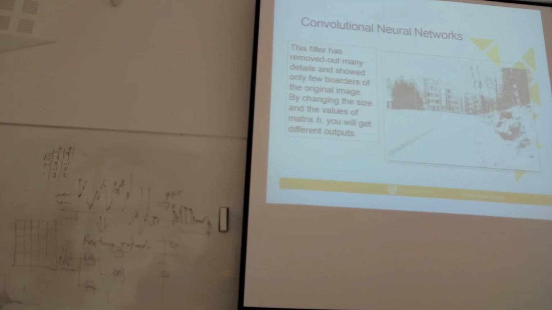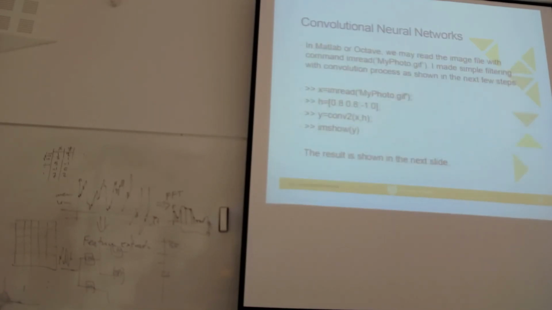If you change these values, for example 0.8, 0.8, and put other values, then you will have a different kind of output image. Every time you change the impulse response, you will have different kinds of features. The idea in deep learning is, what if we put the parameters here, let's say W1, W2, W3, W4, and make this part of the learning process? The neural network starts by itself to extract the required features.